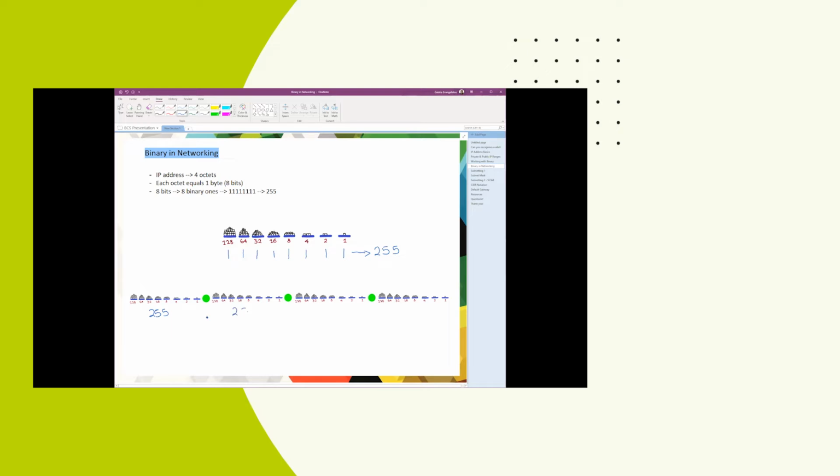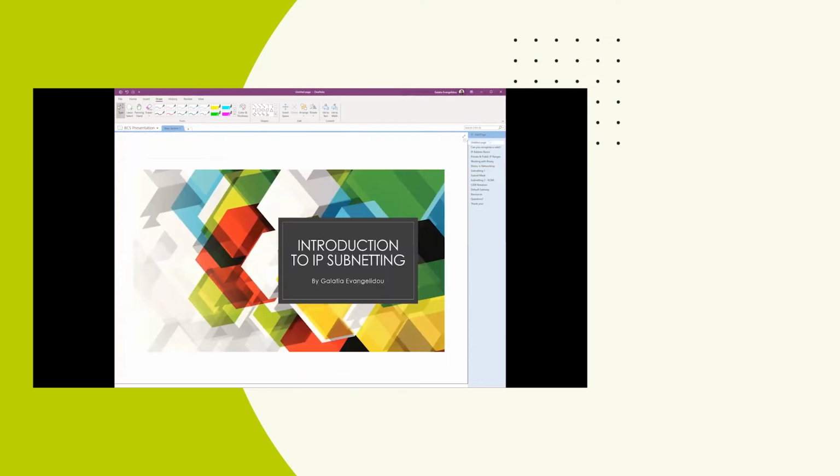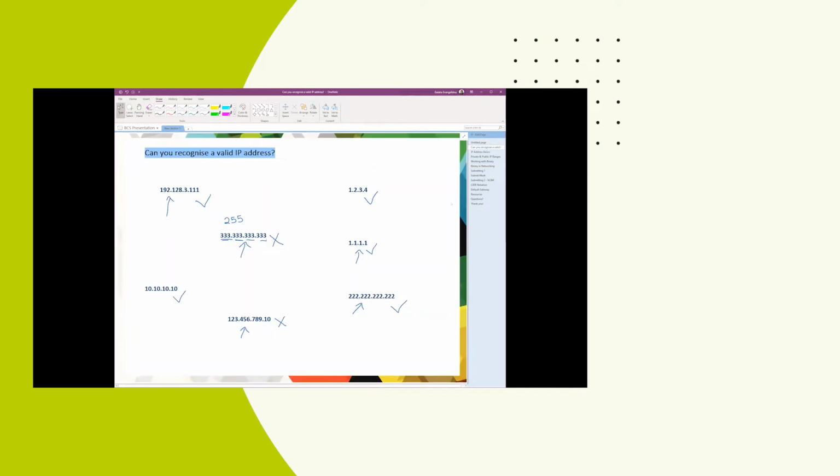So the maximum number here can be 255.255.255.255. And this is why I'm going to get you back to the first slide. Sorry. This is why we could easily recognize the invalid IP addresses.